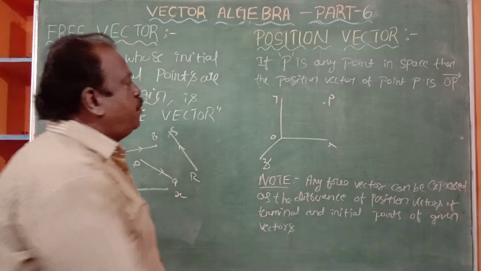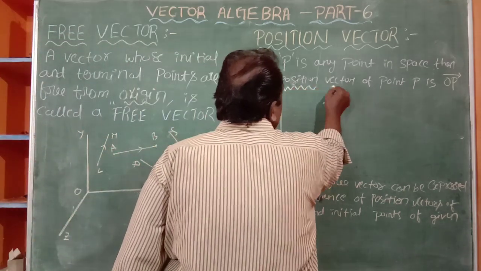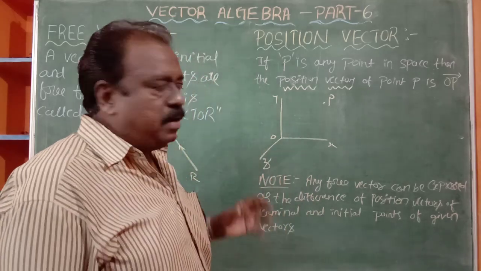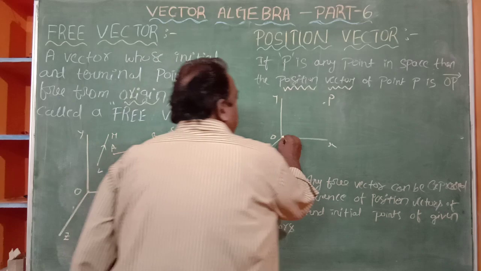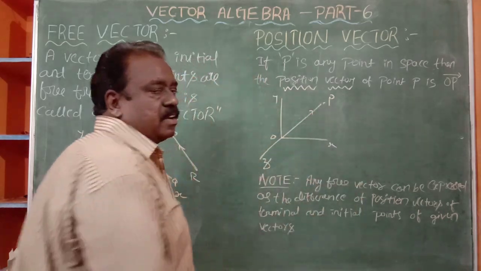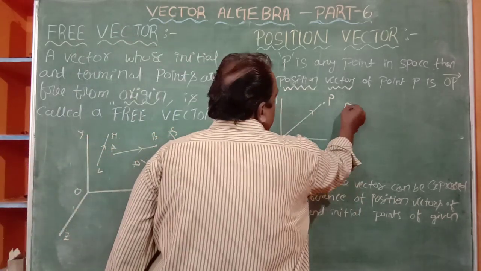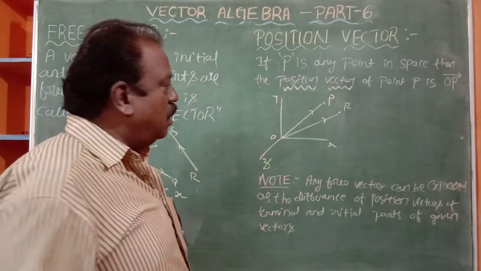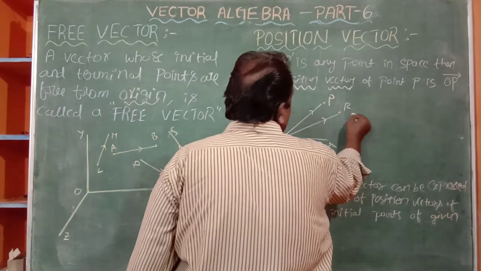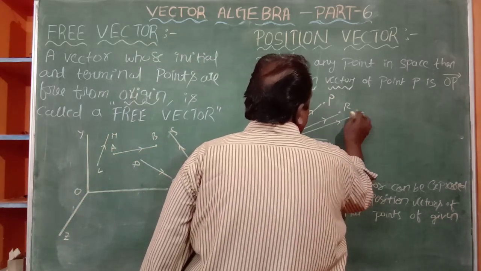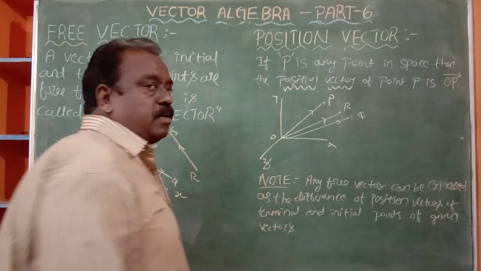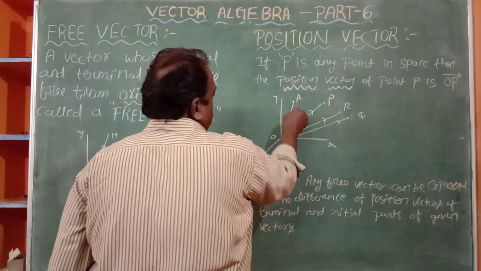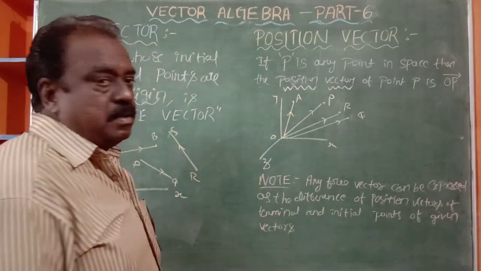Then for a particular point P, OP bar is the position vector of the point P. Suppose R is there, OR bar is the position vector of R. Suppose Q is there, OQ bar is the position vector of the point Q. A is there, OA bar is the position vector of point A.